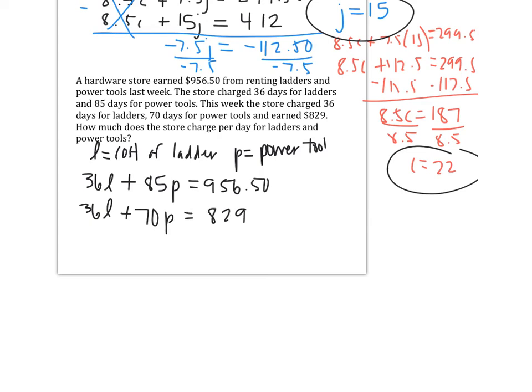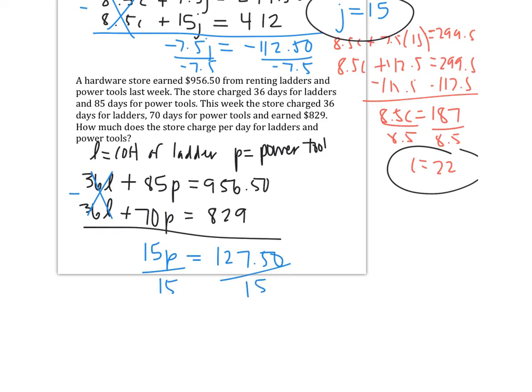So we want to figure out again how much the store charges per day for ladders and power tools. So I'm going to subtract this system here. So 36L minus 36L is 0, 85 minus 70 is 15P, 956.50 minus 829 is 127.50, divide by 15, so P equals 8.50. So the price of a power tool per day is $8.50.